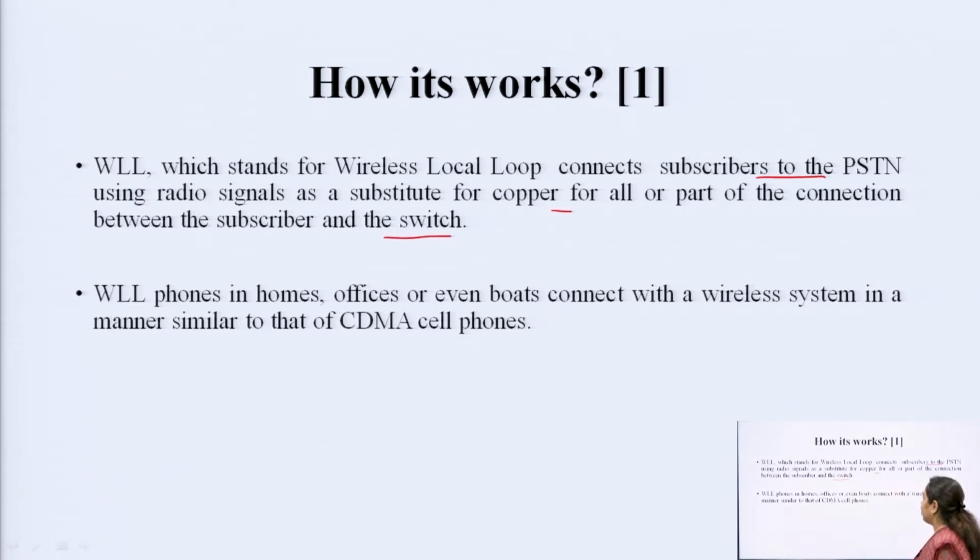Subscriber means a user connected to the public switched telephone network, which is what we have discussed in GSM, where a mobile phone is connected to different types of networks. It can be a data network, it can be PSTN, it can be ISDN. All this will be connected over radio signals, which means a wired connection is not required between the transmitter and receiver.